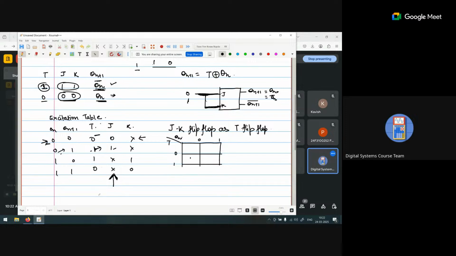In these two conditions, JK are don't care. When T is 1, Qn is don't care. When T is 0 and Qn is 1 it is 0. So I create a group here. Okay, so the equation of J is T.